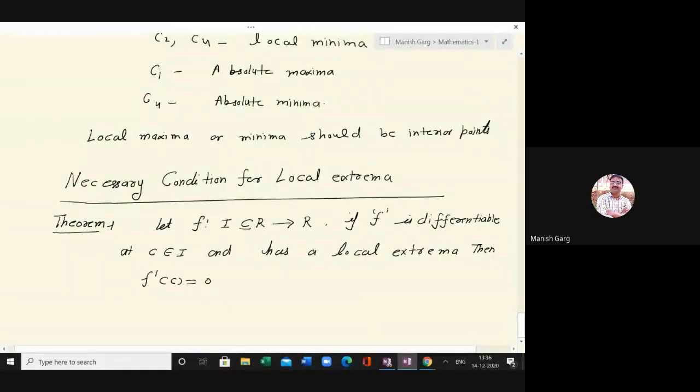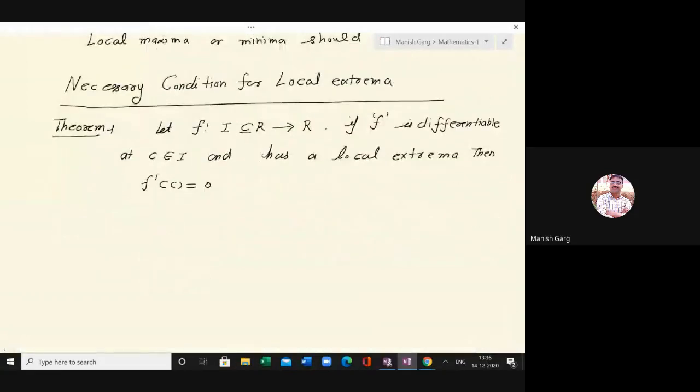Normally, when you check local maximum or minimum, you put f dash x equal to 0 and find the point. So it says there are two conditions. f must be differentiable. Second, you must confirm that f has a local maxima or minima. Then f dash c will be 0.